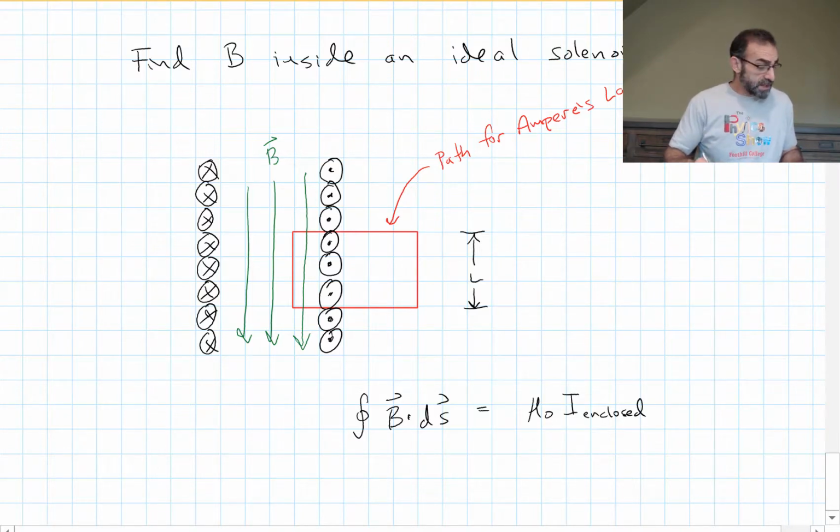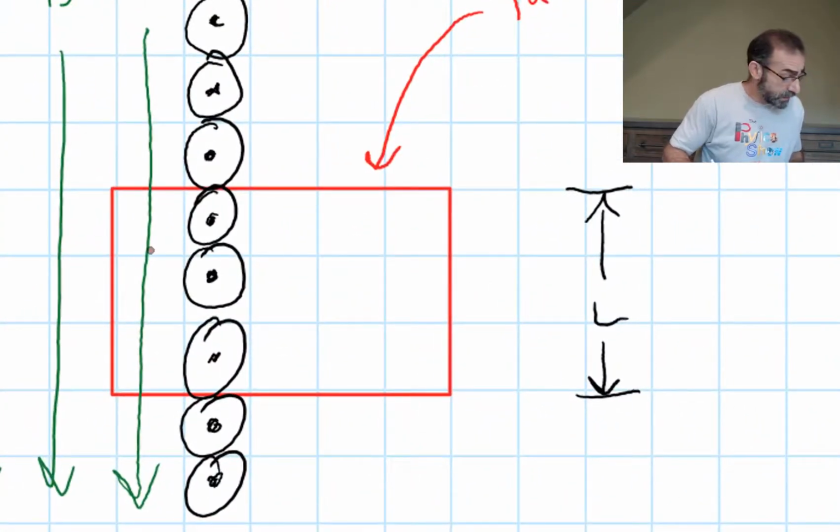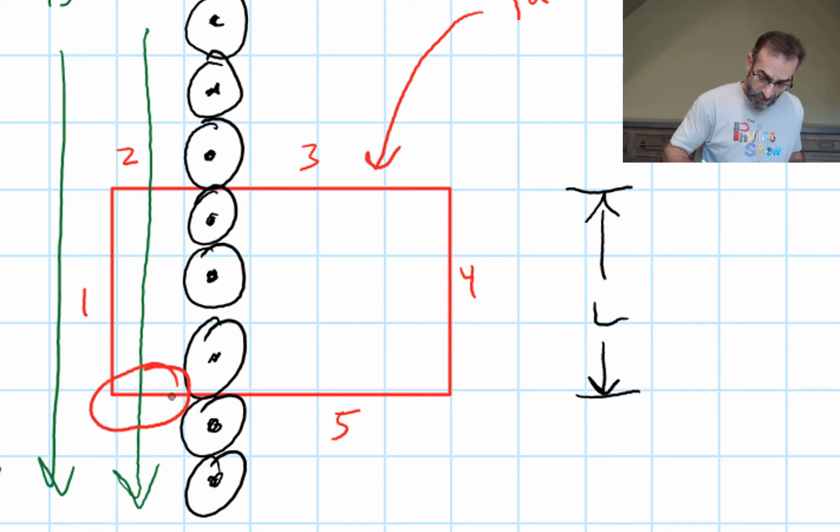Well, let me number the sides. I'm going to break this up. I've got side 1. I'm going to call this little section here 2, and out here 3, 4, 5, and then this little section here I'm going to call 6.